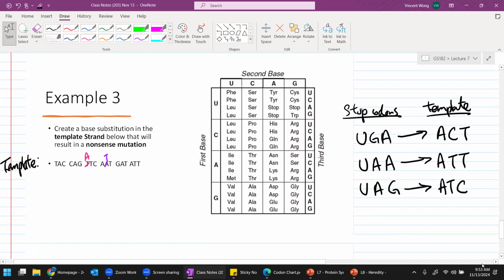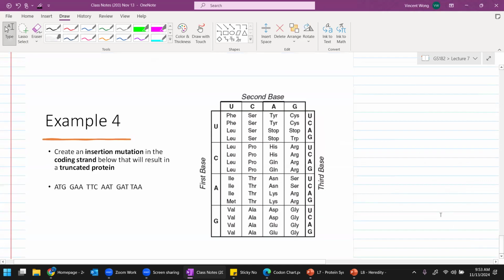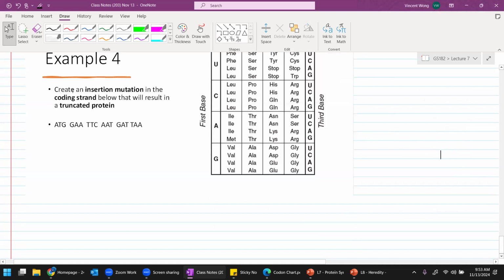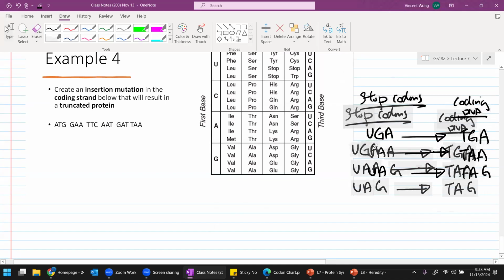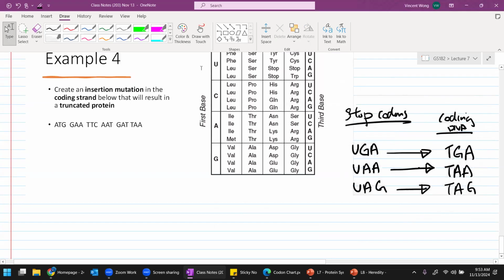The last example. Create an insertion mutation in the coding strand below that will result in a truncated protein. And so I'm just going to copy this stuff here from above. This is the coding strand again. And how do we create a truncated protein?